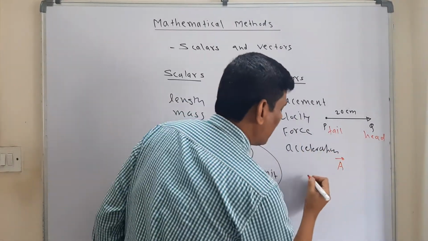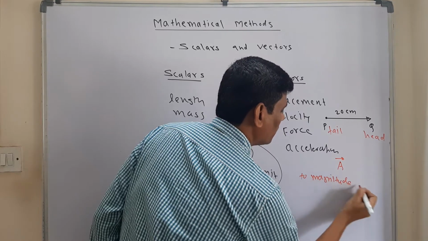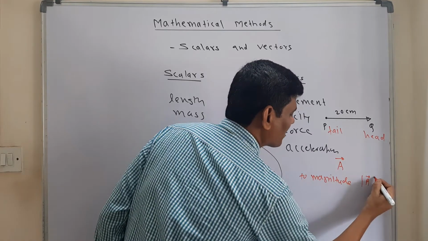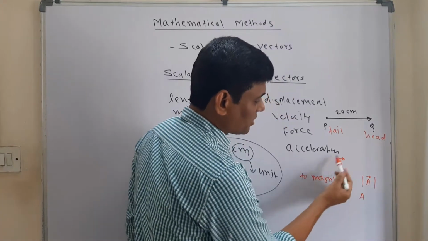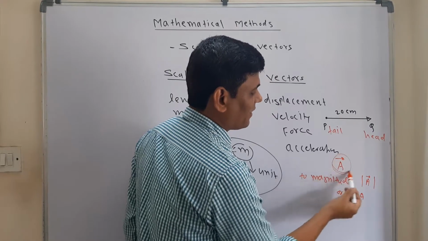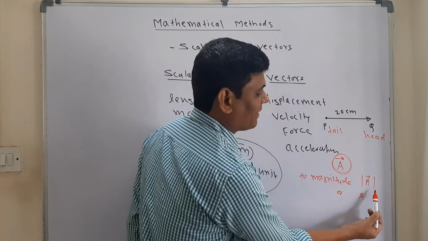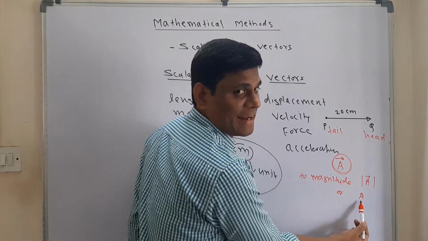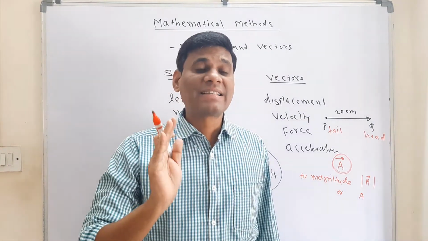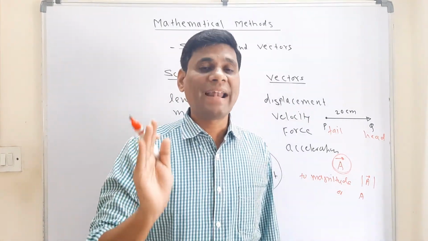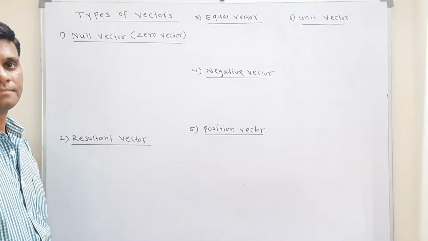One way, you can write vector A in a modulus sign, or you can write only A. So this is a vector, that means it has magnitude as well as direction, and this is the magnitude of that vector. So in simple language, those quantities that are described completely by giving magnitude as well as direction are the vectors.